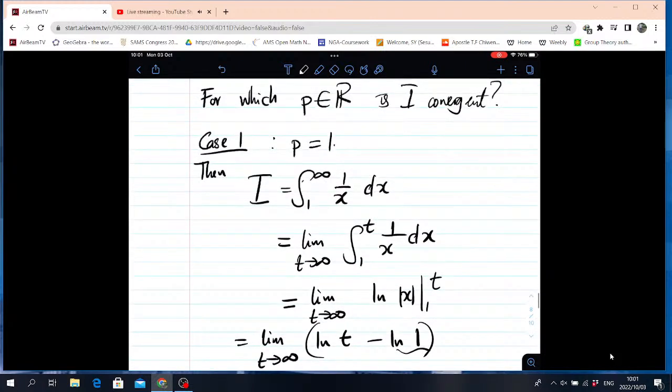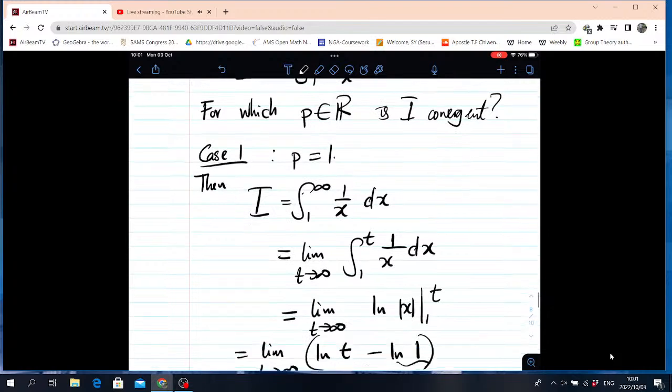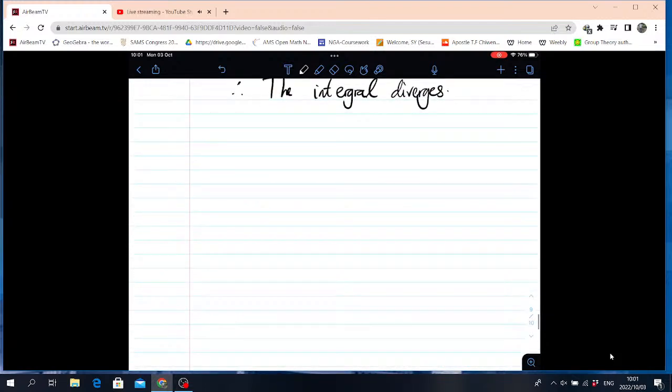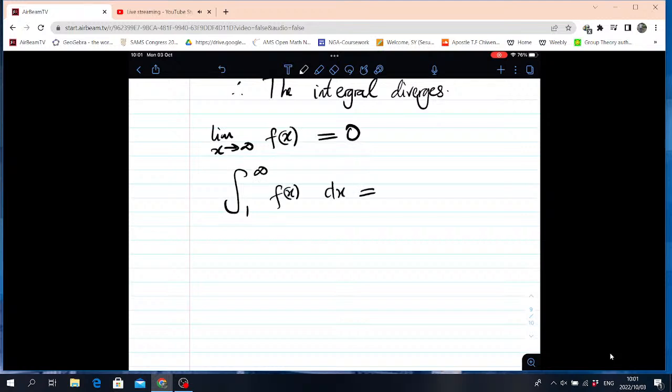So this is a situation where, just to show you something that might happen, the limit as x tends to infinity of f of x can go to 0, but the integral from 1 to infinity of f of x dx is infinity.